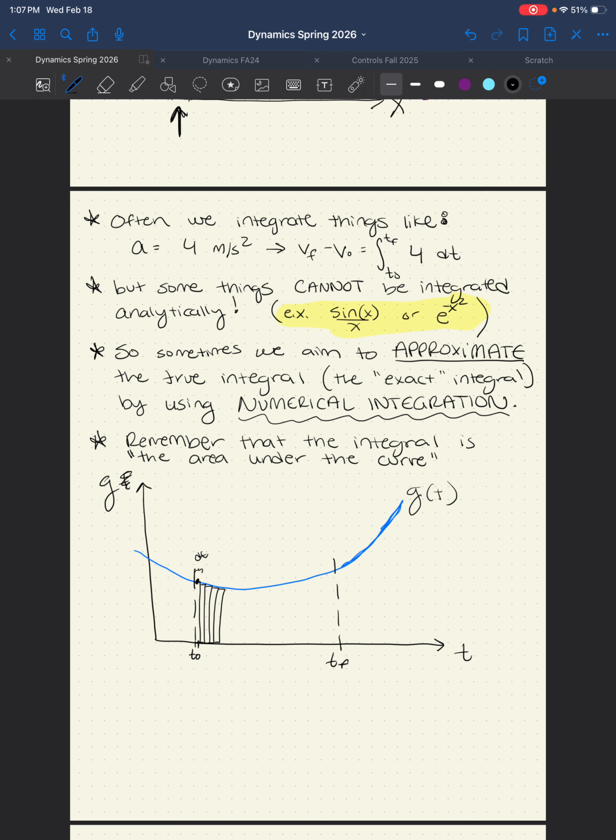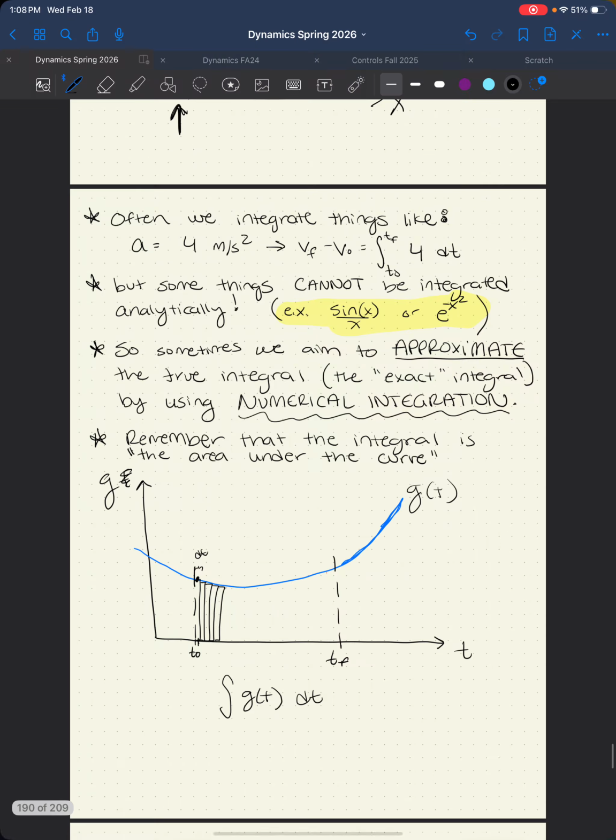And that's how we built our integral. We said that if we integrate the height of these things times our width dt, we add up a bunch of areas of little tiny rectangles, and then we add that up from t0 to t final. That's our integral. That's the area under the curve.